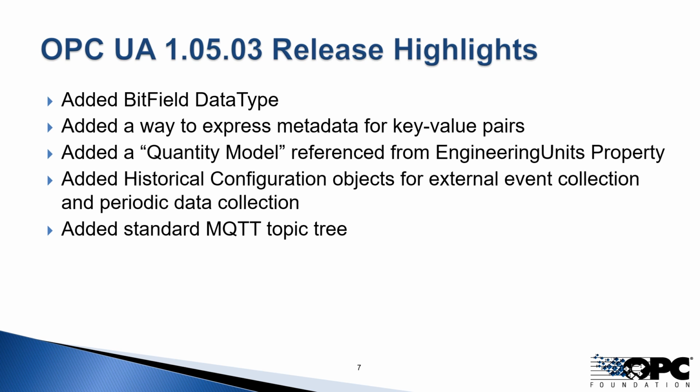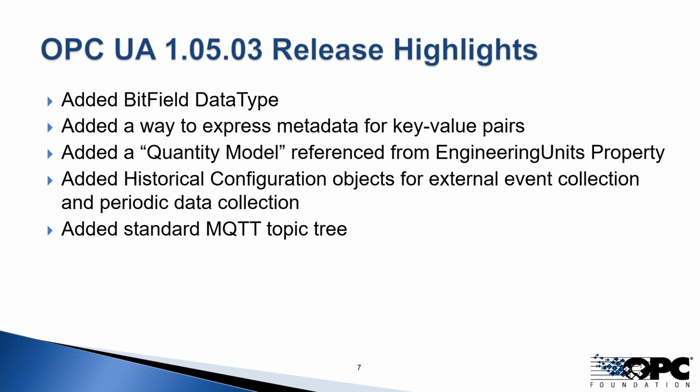We also added 2 new historical configuration objects, one for external event collection and one for periodic data collection. Again, these are enhancements to our Part 11 historical access part. And lastly, we added a standard MQTT topic tree.